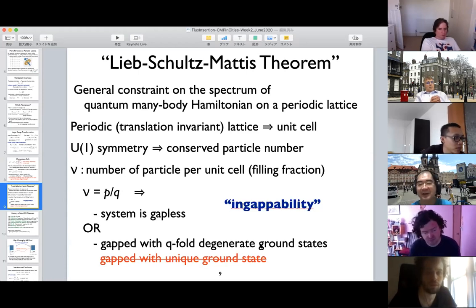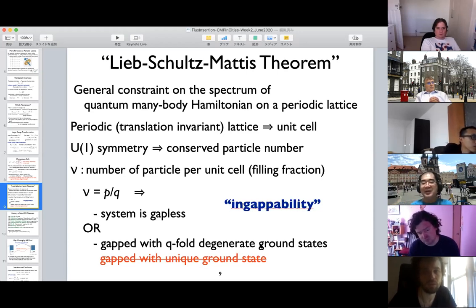So this statement applies when you have translation invariance of the Hamiltonian. So the Néel state or CDW state enlarges the unit cell, but it is due to spontaneous symmetry breaking. Then spontaneous symmetry breaking must accompany the ground state degeneracy. So this theorem says that if you have a half-filled system and you want to open the gap, you must produce the ground state degeneracy in one way or another.